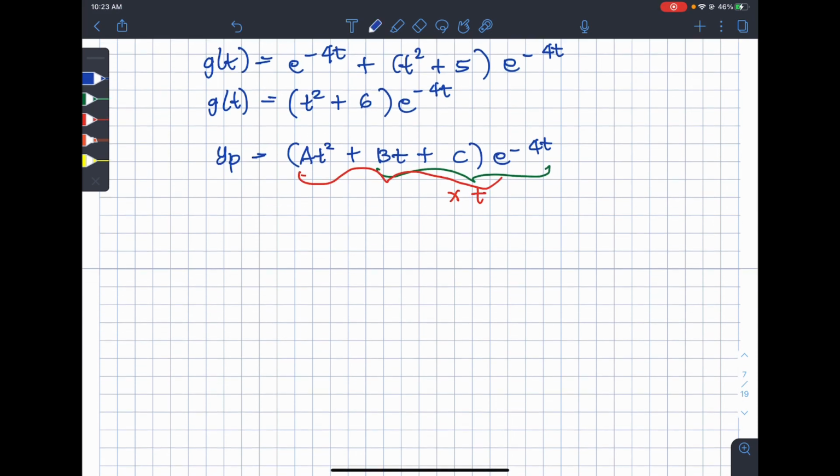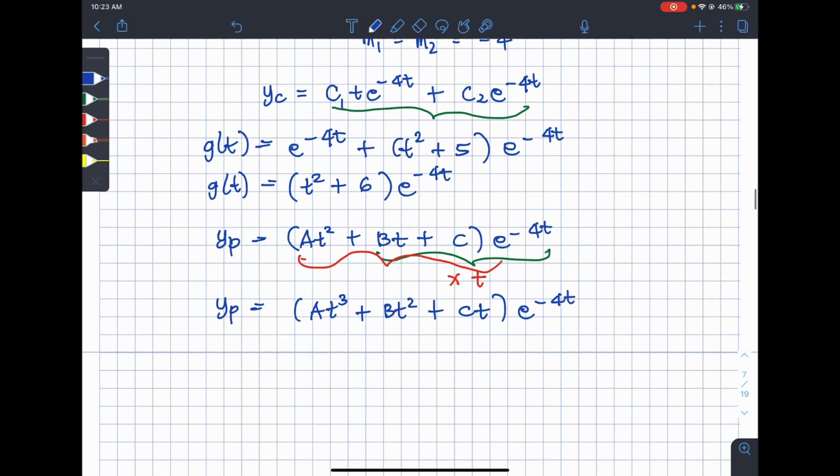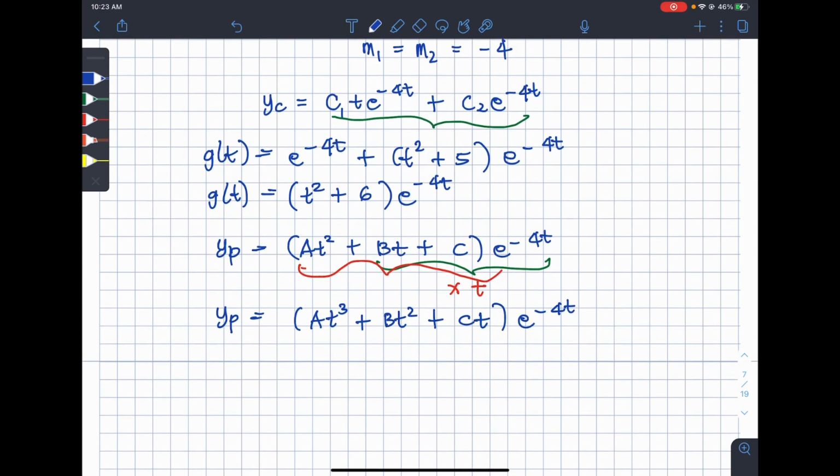Doing so, that would become a t cubed plus b t squared plus c t, times e raised to negative 4t. However, we still have this one, the ct e raised to negative 4t.